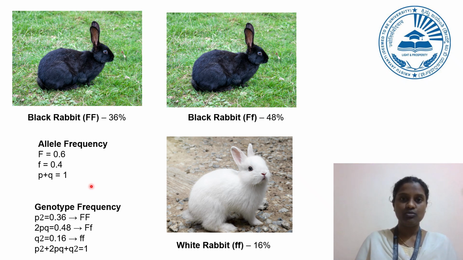This distribution is a good example of a population in Hardy-Weinberg equilibrium, because p square plus 2pq plus q square is equal to 1, that is, 0.36 plus 0.48 plus 0.16 is equal to 1. This shows the rabbit population is in equilibrium only if no evolutionary forces are acting on it.